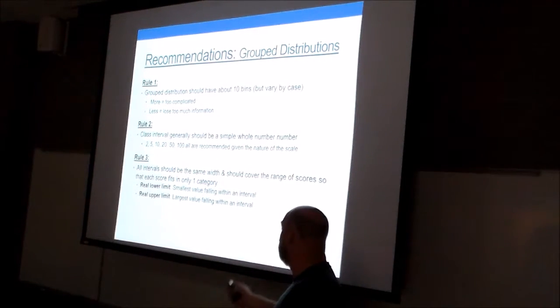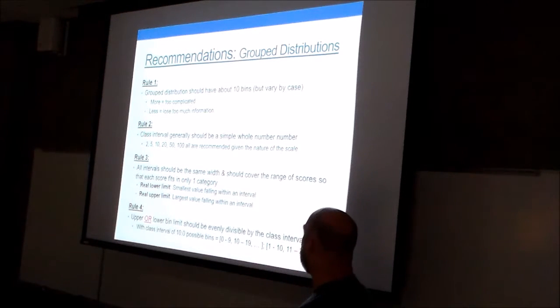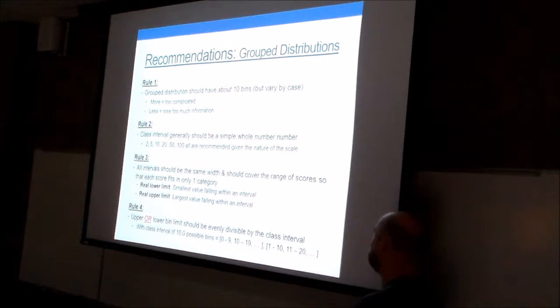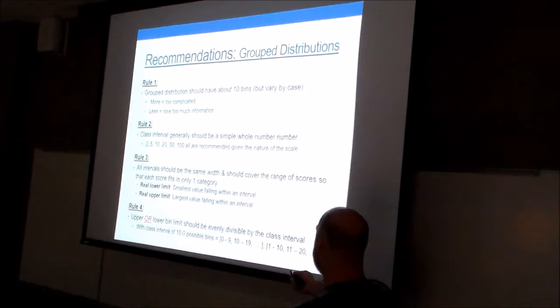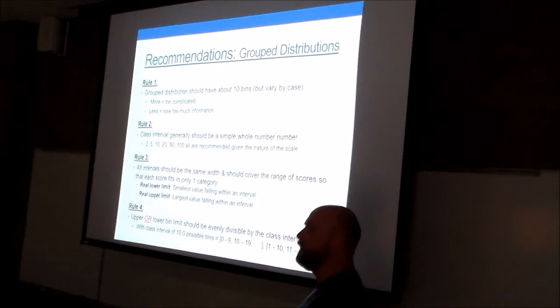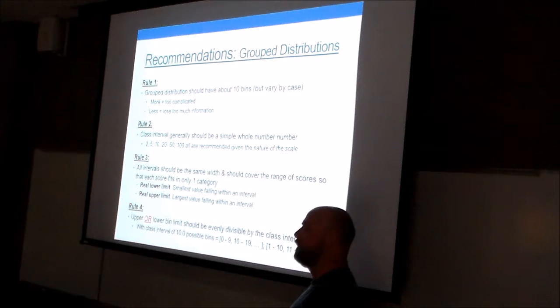So we're thinking about real upper and lower limits, and the lower limit of a bin should be easily divisible by the class interval. Let's say we have a class interval of 10. Bins are going to be 0 to 9, 10 to 19, or 1 to 10, 11 to 20, something like that. Your lower limit should be divisible by your class interval.